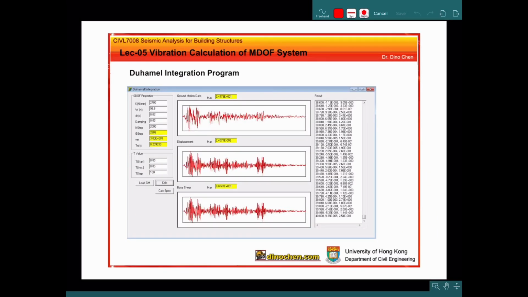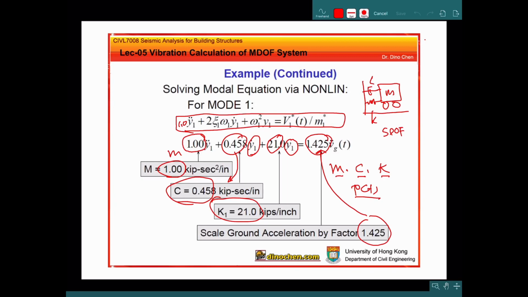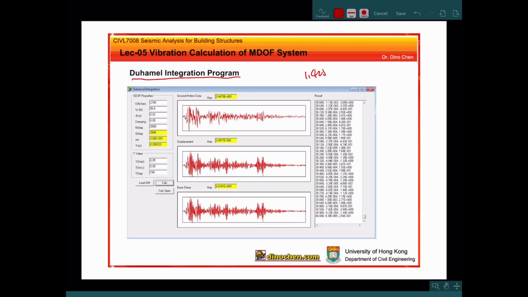So we can use the Duhamel integration method or Newmark method, any method for the numerical calculation for the single degree of freedom system. But beware one thing: before you input any data in the program, the external load you should multiply by the factor. For this one it is 1.425. So after you put the time history data for the external load P(t), you should multiply by this factor.